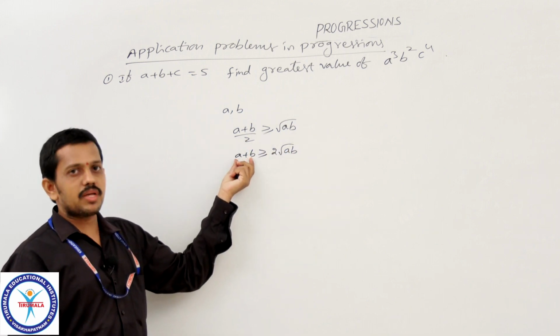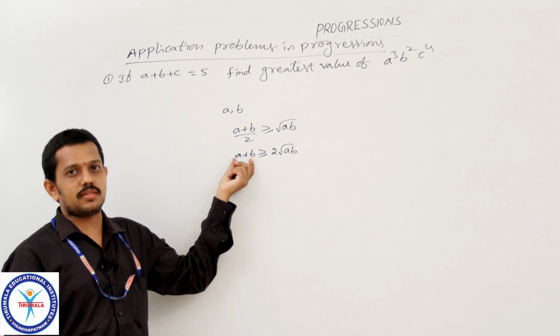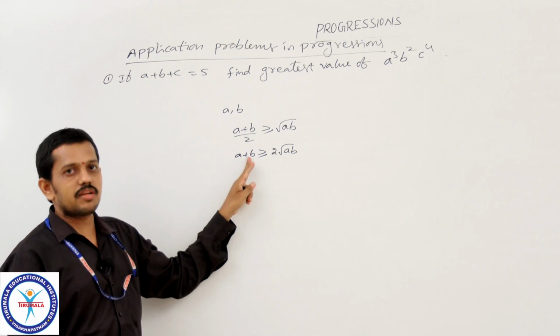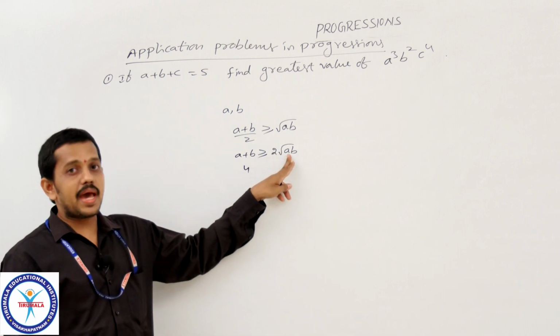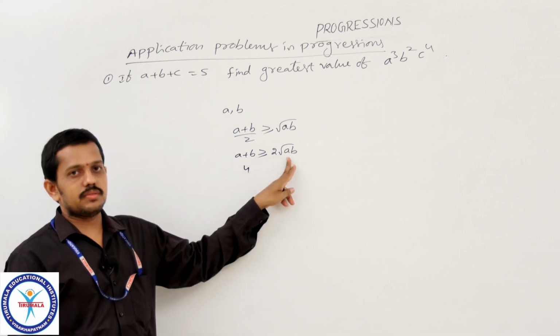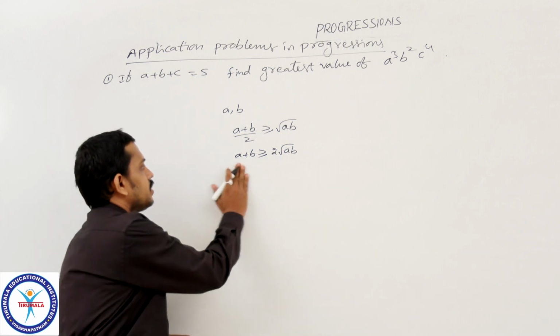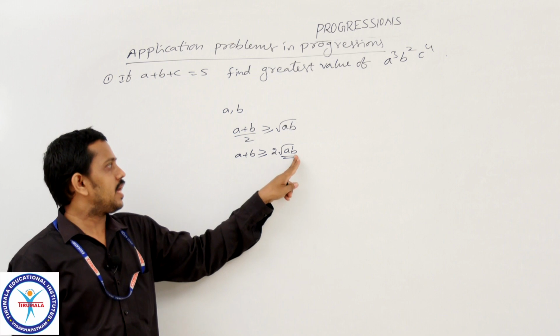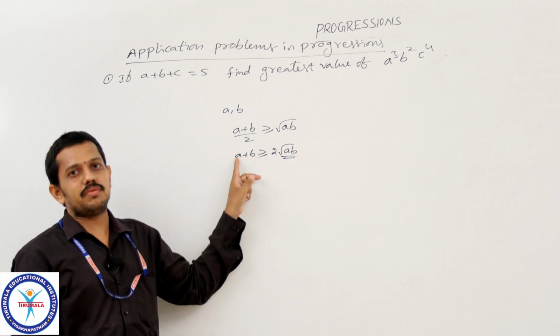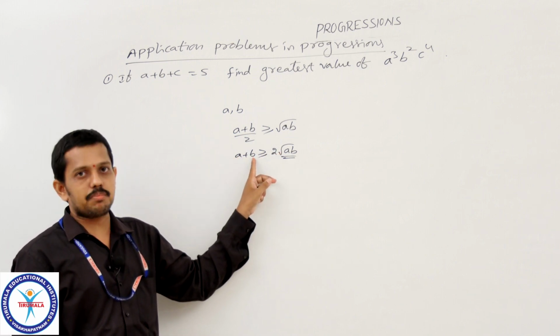Suppose if the left side of the inequality value is constant, then we get the maximum value of the product. Suppose if the right side value is constant, then we get the minimum value of a plus b, means minimum value of the sum.